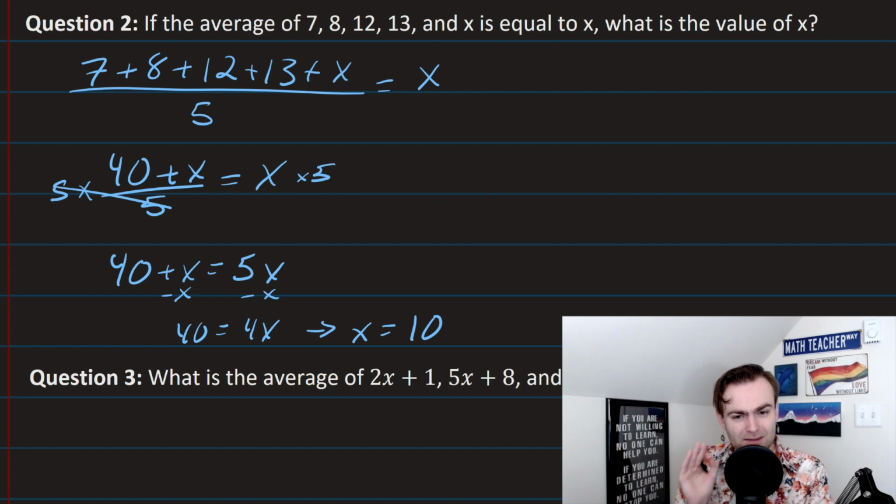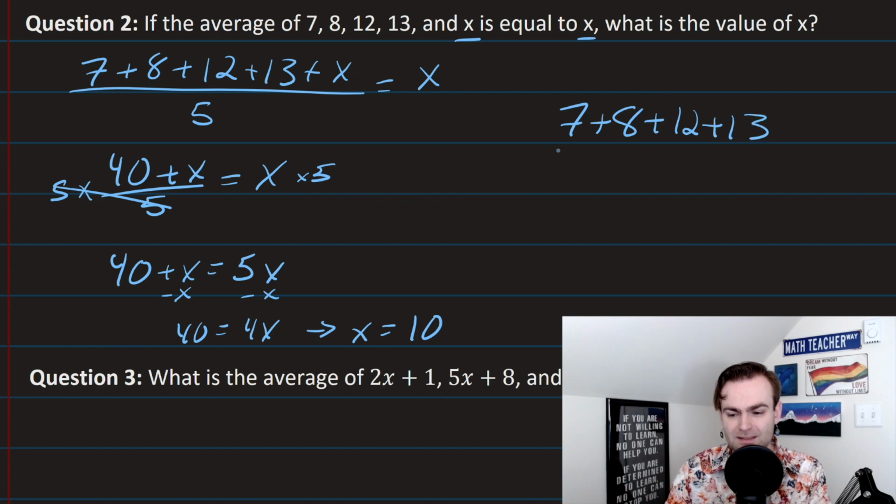I want to think about this a little bit differently. If a value of our data set is equal to the average, it means that if we remove that data point, it's not going to change the average. So my question then is, what is 7 plus 8 plus 12 plus 13 divided by 4? Well, we've already discussed that 7 plus 8 is 15, 12 plus 13 is 25.